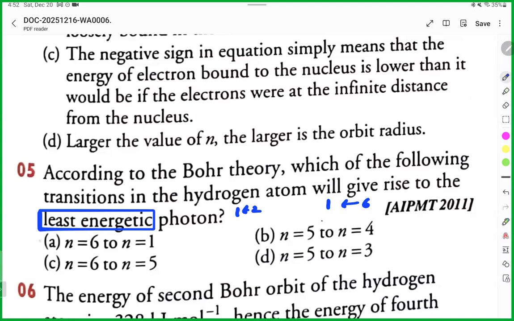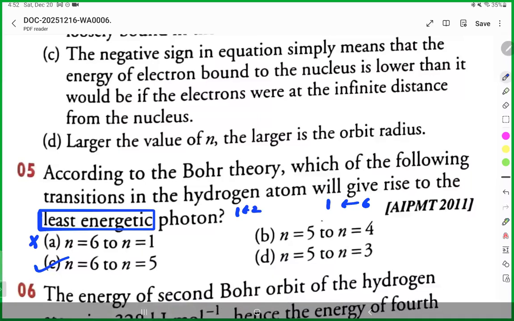The further away you go, the energy difference will reduce.